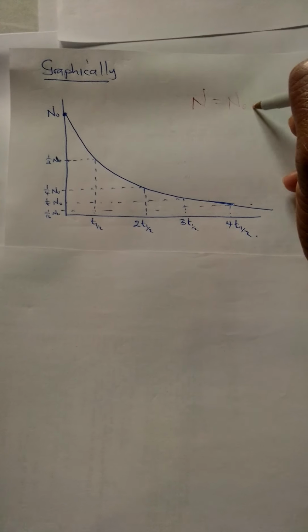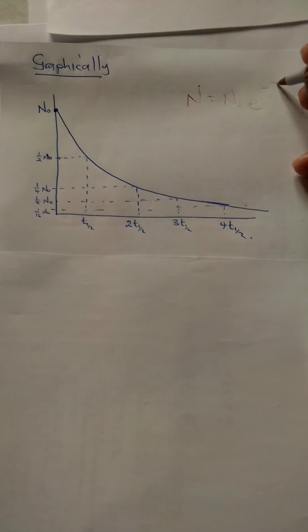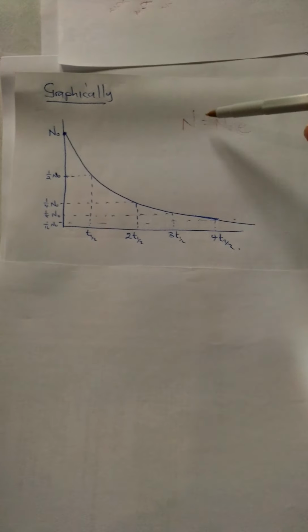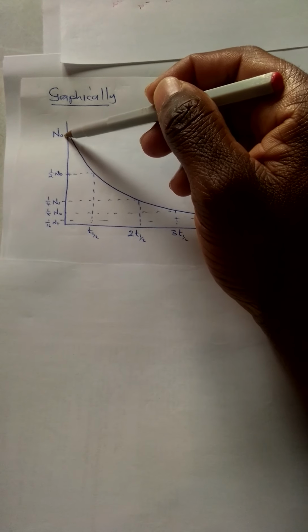Finally, we can represent this on a graph and see what happens. As you can see, we can have an exponential decay function, because we said n is n naught e to the negative lambda t. So this tells us that when time is 0, n is n naught, so this is n naught there.